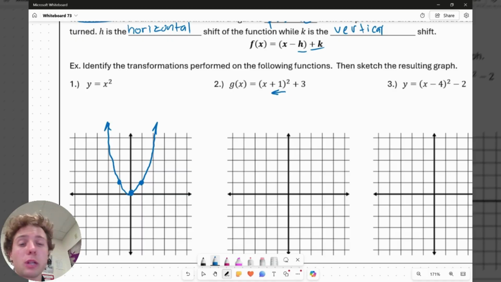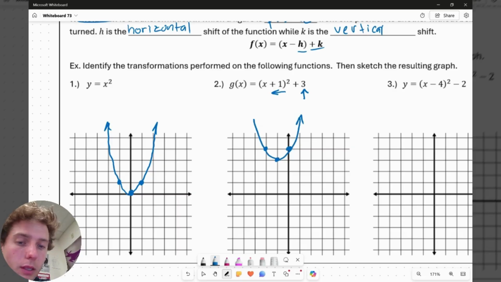So if you think +1 would move a graph right, inside is always opposite. It moves the graph left 1 unit. The 3, it's on the outside. Outside is vertical. That means it's moving it up or down. Outside works normally. It would move the graph up 3. So we know this graph goes left 1, up 3, and we have some sort of quadratic or U shape from there.